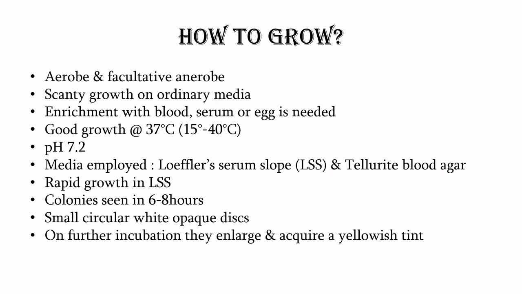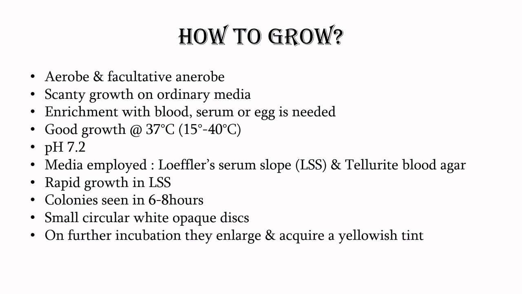The most common media used is Loeffler's serum slope, which gives good growth within 6 to 8 hours. You can use Tellurite blood agar in case the person from whom you are taking a sample is a suspected carrier, or when you suspect that the amount of bacteria will be less. Even in acute cases you can use it, so it becomes a selective agar for this bacteria.